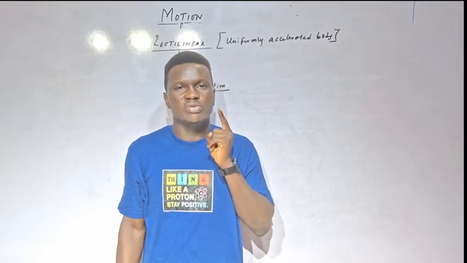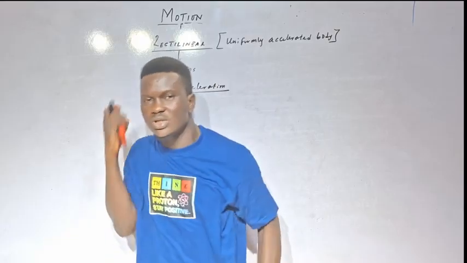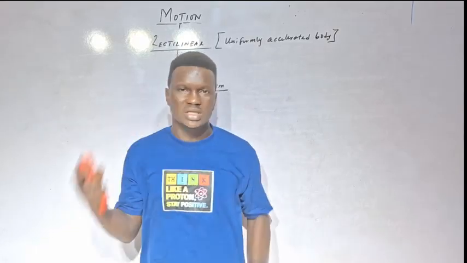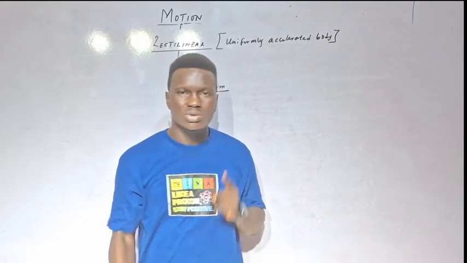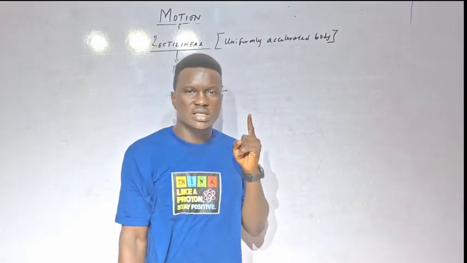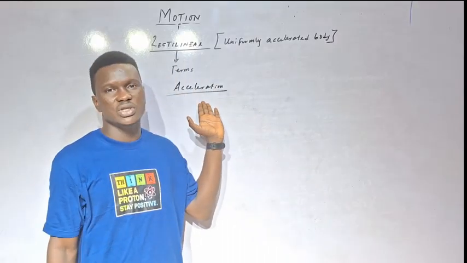When I see that you are moving closer, I can try to increase the rate at which I'm moving. That rate at which I'm trying to change my speed is what we call acceleration.